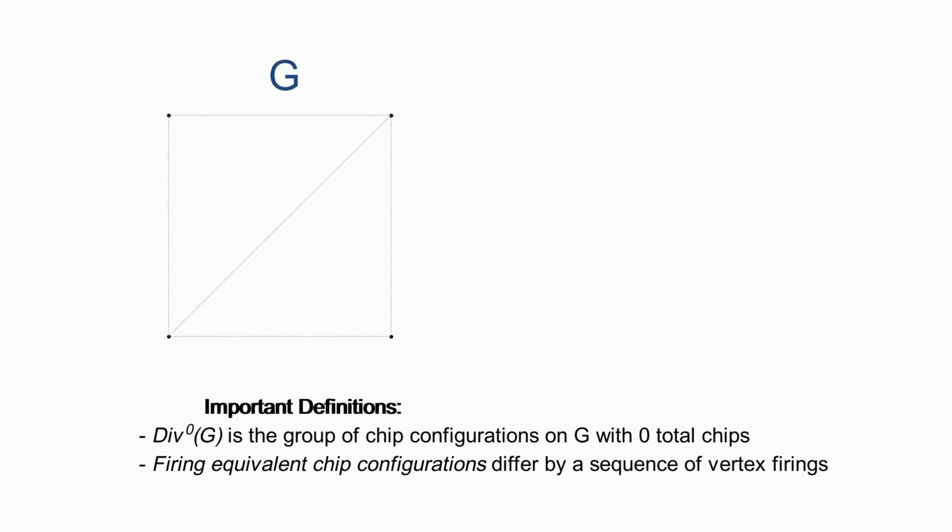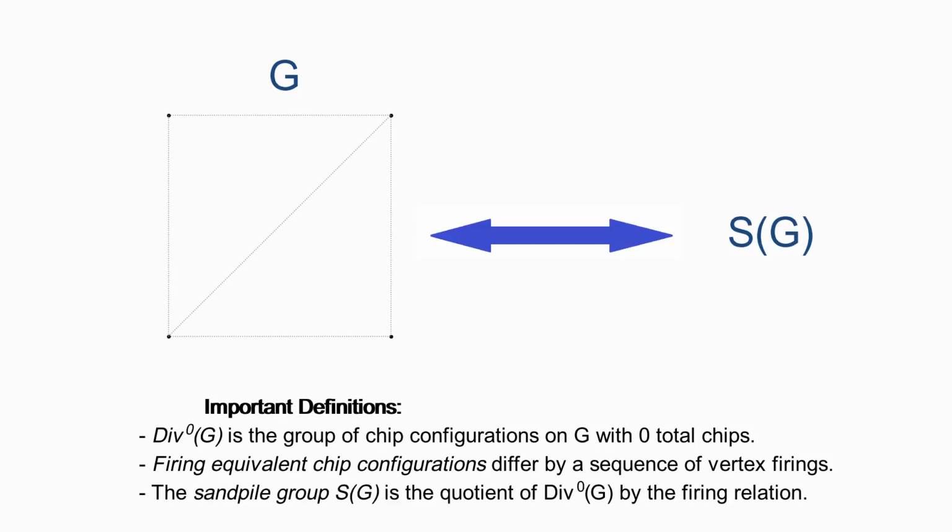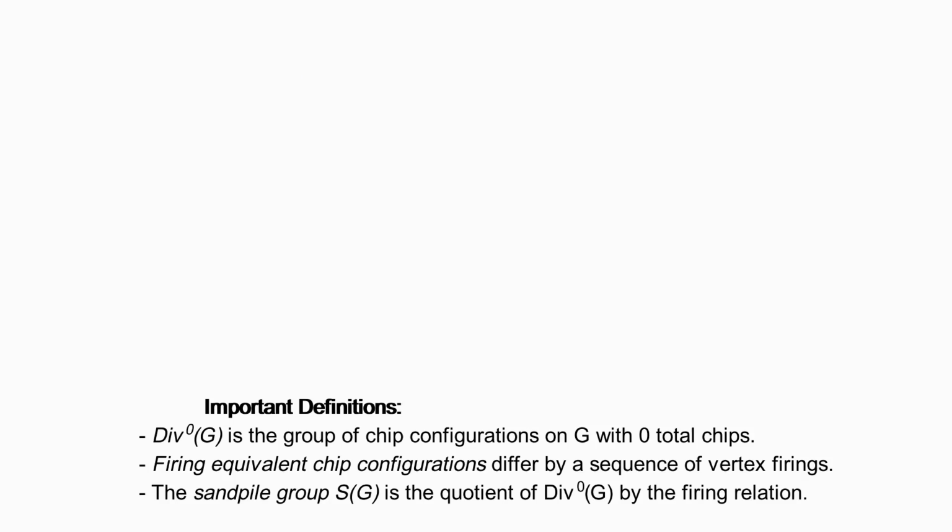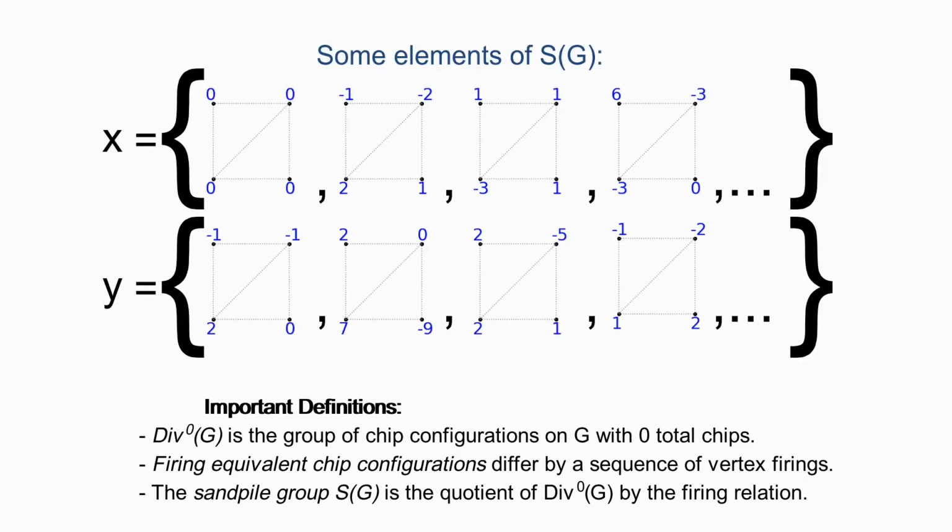Every graph G has an associated Sandpile group, S of G. The Sandpile group of G is the quotient of div 0 of G by the firing equivalence relation. This means that the elements of S of G are the sets of firing equivalent chip configurations with 0 total chips. For example, X and Y are 2 elements of S of G.